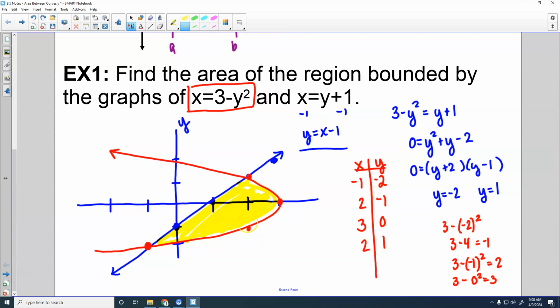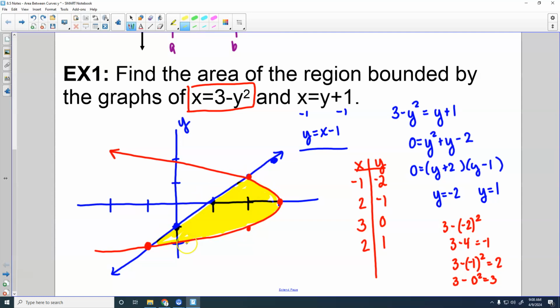This problem right here, like I said earlier, can be done with x's. It is hard to do with x's because if I'm thinking top function minus bottom function, which function is my top function? The blue or the red? Right here it's the blue, because we're looking at this yellow area, right?